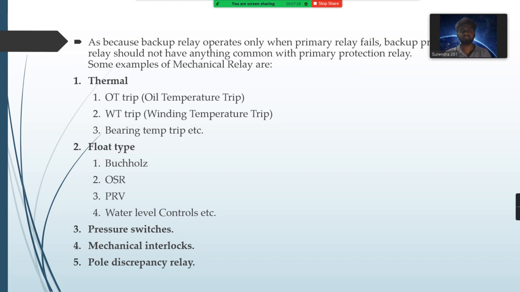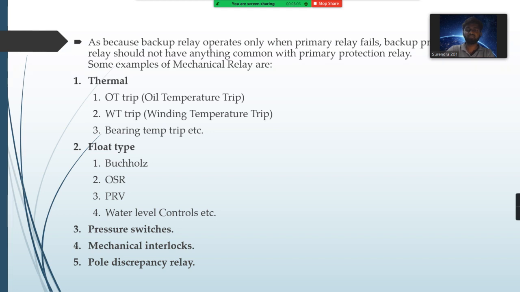Now some examples of mechanical relays. Mechanical relays are characterized into five types. The first one is thermal. In thermal, we have three: OT trip (oil temperature trip), winding temperature trip, and bearing temperature trip, etc. The second one is float type.